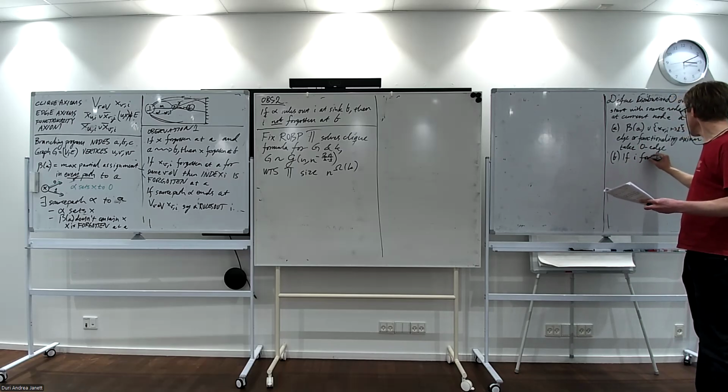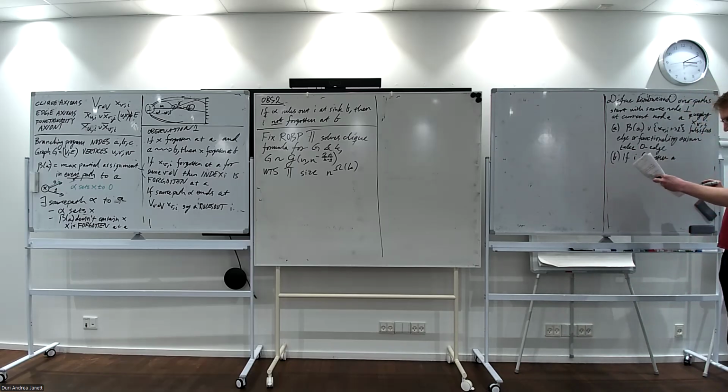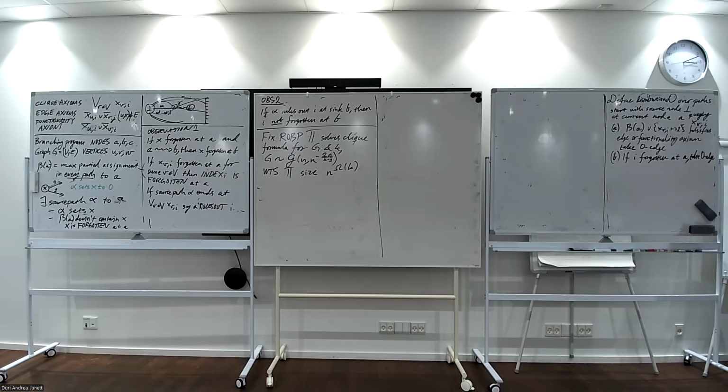If i is forgotten at A, then I also take the 0 edge. This means that apparently some paths have already queried other vertices for i but then forgotten their values, so I will have plausible deniability.